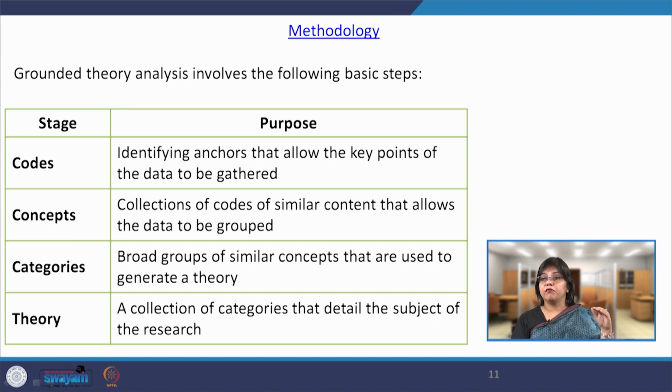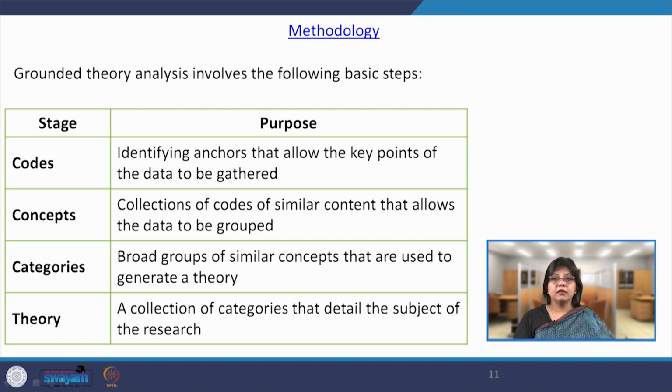Sometimes information becomes redundant, sometimes the information is extremely useful but cannot fit anywhere in creating a theory. So, all these problems do exist in understanding the problem in a very qualitative manner and how a theory can be established. So, this is how grounded theory has its own methodology.